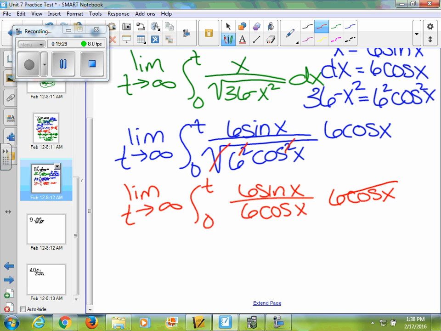And then that 6 cosine of x cancels with my dx, 6 cosine of x. So I end up with the integral from 0 to t of 6 sine of x.